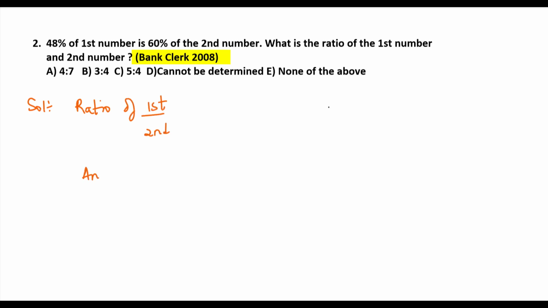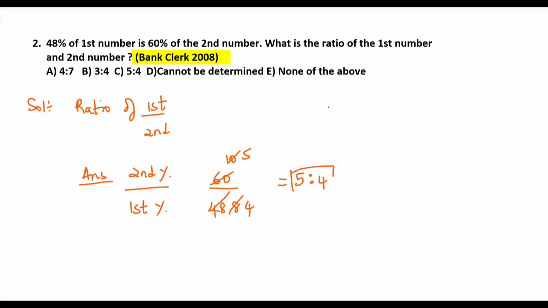The answer will be second number's percentage by first number's percentage. What is second number's percentage? 60, and first number's percentage is 48. So 6 tens are 60, 6 eights are 48, 12 fives are 60, 12 fours are 48. Hence the ratio is 5:4. This is our ratio. Option C.